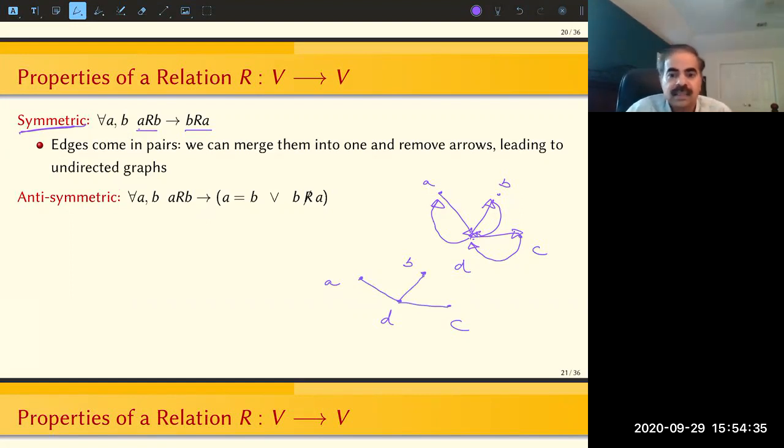You can see that this is a lot less clutter and much easier to see where you can go from where, as compared to this representation. So a symmetric relation can be represented more compactly with undirected edges. Any questions?